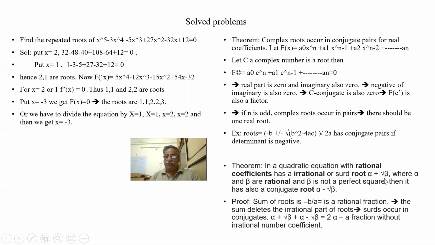If alpha plus root b is a root, there must be alpha minus root b also a root, because the sum should tally with a real number. The same thing like the conjugate is also applicable. So whether it is a complex number or a surd, they always come in pairs.